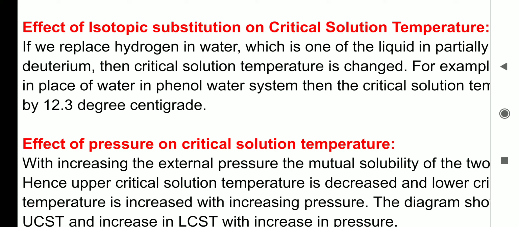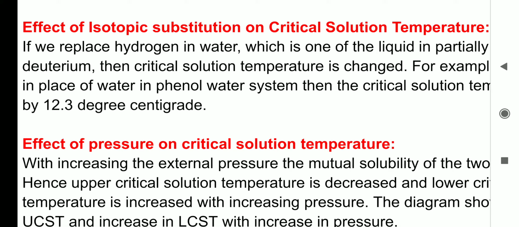Now, in phenol water system, water is present in the form of H2O, and if I replace protium of water by deuterium, or I can say replacing water of phenol water system by D2O, then what will happen? There will be change in critical solution temperature of the solution.